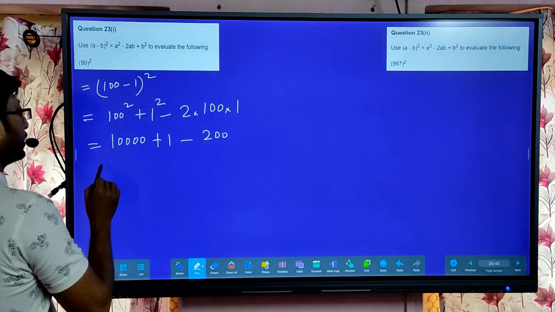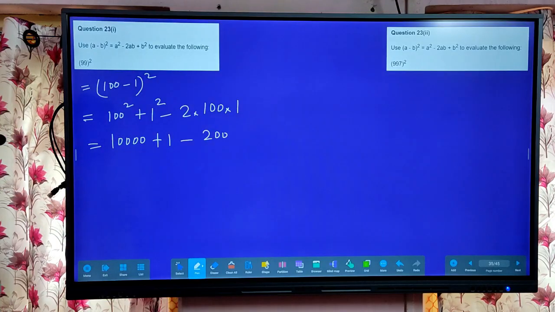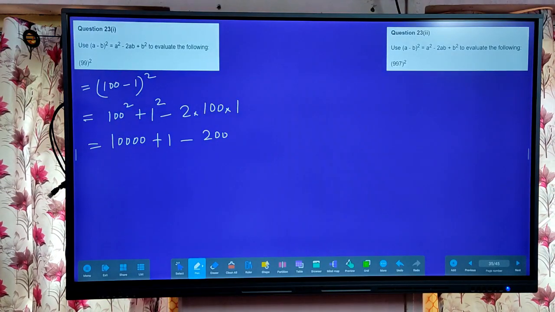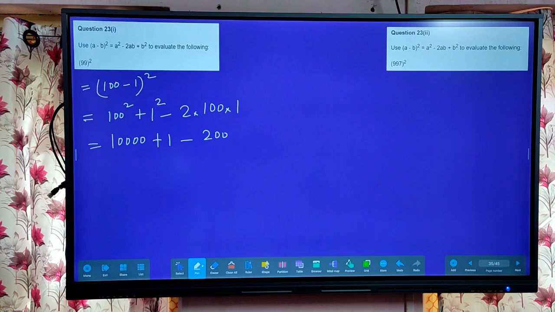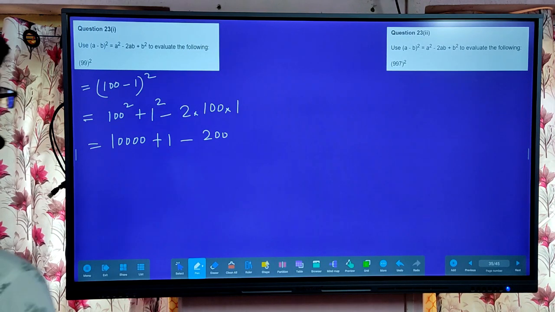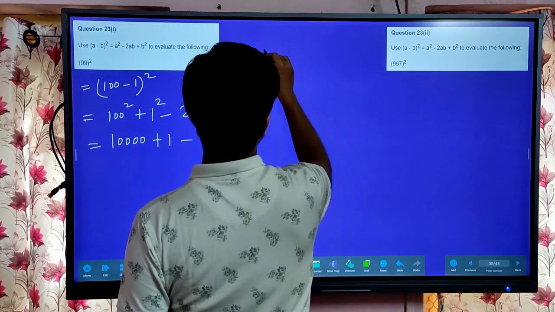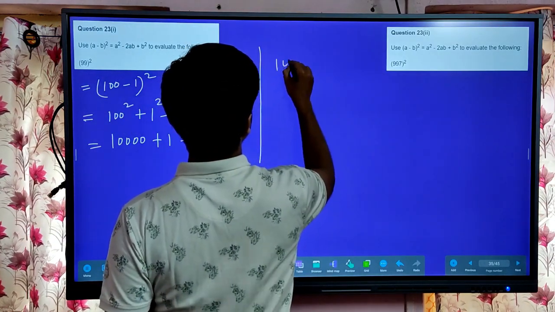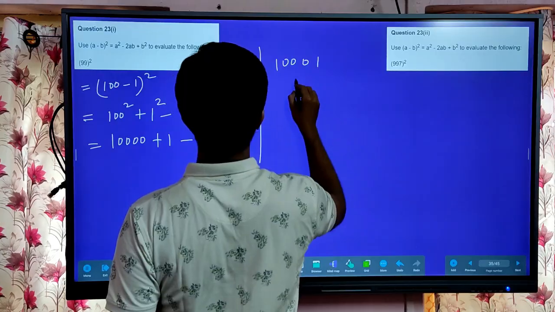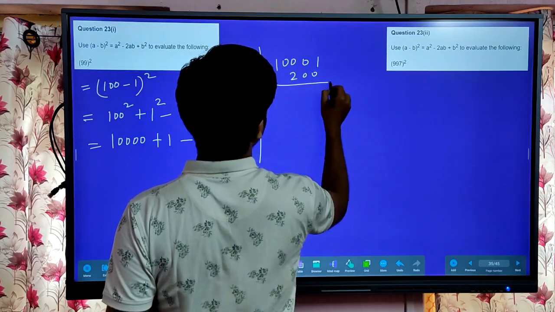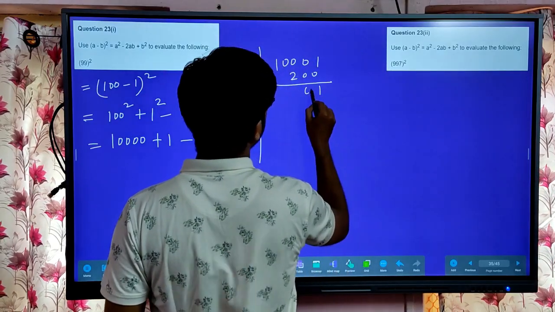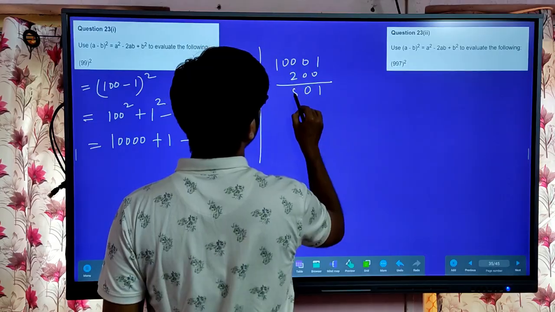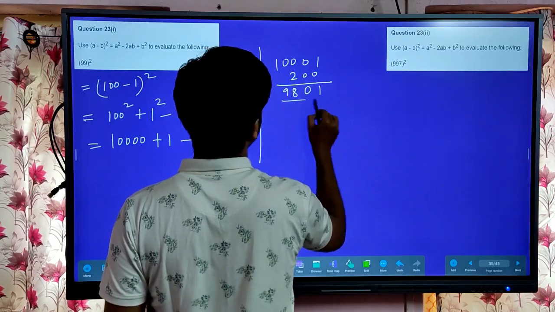So 10,000 plus 1, 10,001 minus 200. It will be how much? It will be 9801. Let me do the subtraction over here. 10001 and then you do 200. 1 minus 0 is 1, 0 minus 0 is 0, 10 minus 2 is 8, and 9.